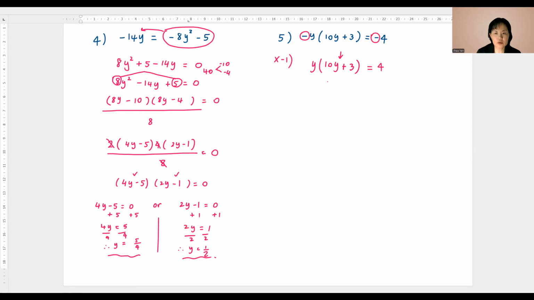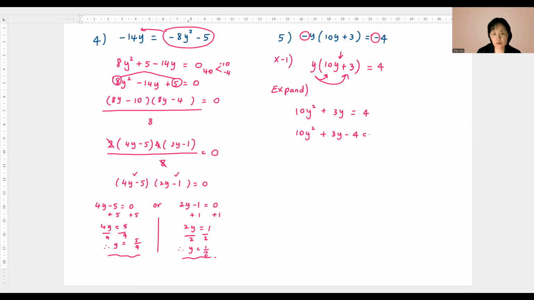And then I'm going to expand this one. If I expand this, it'll be 10y squared plus 3y equals 4. So I'm going to put everything onto the left and make my right hand side 0. It's easier to factorize like that.